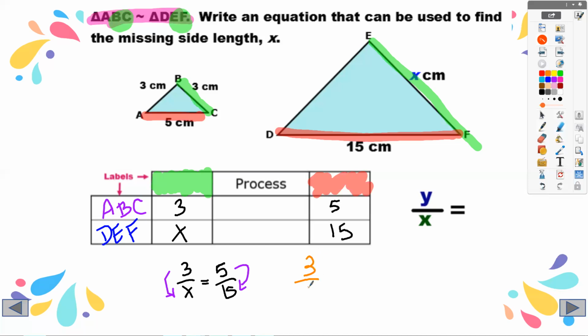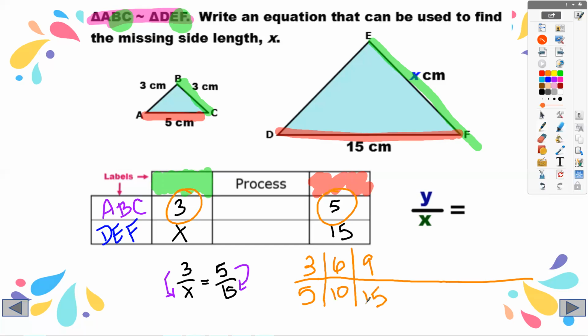I know 3 over, let's say 5, if I use these 3 over 5. Well, if I keep that going, I'm going to have 6 over 10 and then 9 over 15. Well, guys, 9 is my missing number. And I know that because 5 times 3 is 15 on the proportion, and 3 times 3, well, there's your 9.